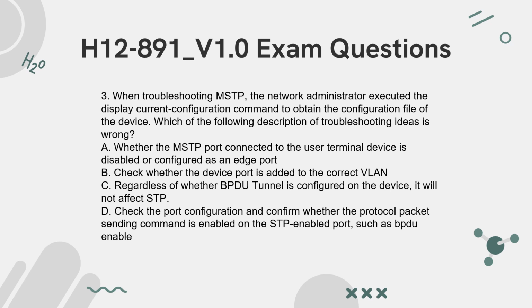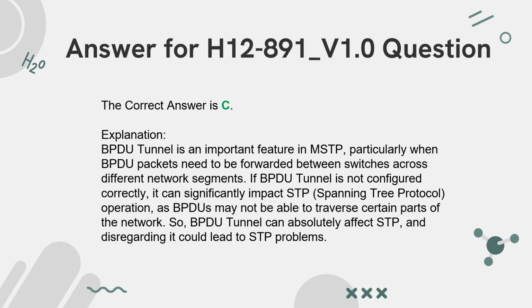C. Regardless of whether BPDU tunnel is configured on the device, it will not affect STP. D. Check the port configuration and confirm whether the protocol packet sending command is enabled on the STP-enabled port, such as bpdu enable. The correct answer is C.